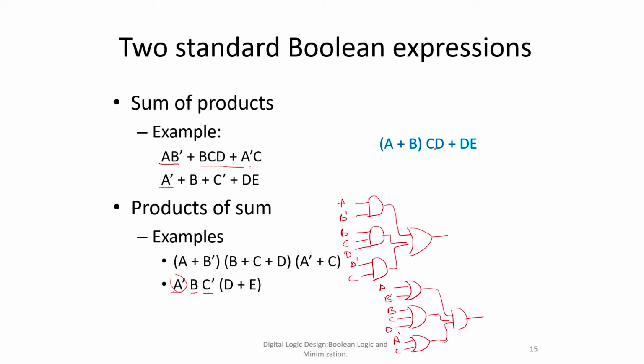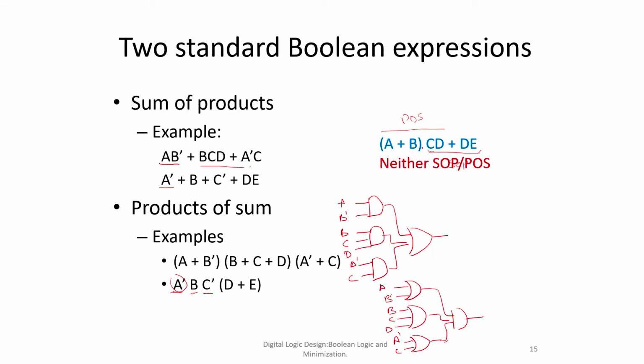If I consider only this part, then I can say it is sum of product, and if I consider only this part, then I can consider it as a product of sum. But if I see it in totality, I'm writing this is SOP and this is product of sum, but because both product as well as sum terms are there, it is neither sum of product nor product of sum.